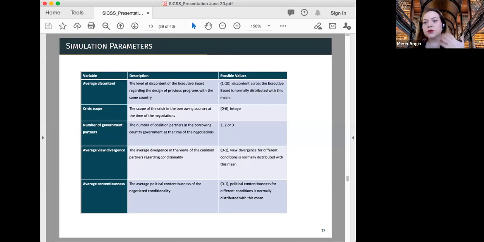That is, politically contentious conditions will likely not be favored by the government. And the model allows for varying the number of coalition partners in the recipient government between 1 and 3, and the degree of divergence of views among the government constituents and the level of criticism expressed by the IMF board members regarding the design of a previous IMF program.